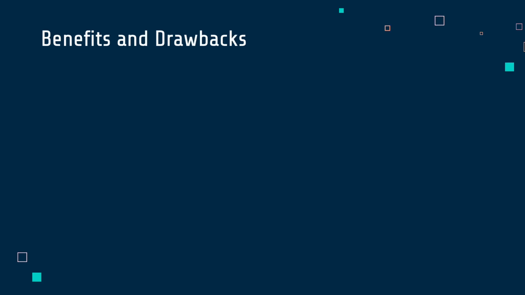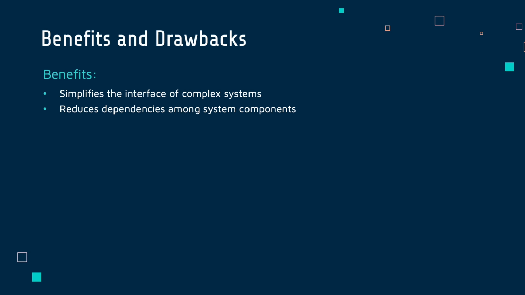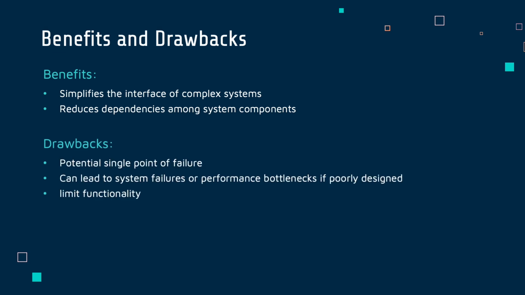While the facade pattern offers significant benefits, such as simplifying the interface of complex systems and reducing dependencies, it's not without drawbacks. One potential downside is that it can become a single point of failure. If the facade is poorly designed, it can lead to system failures or performance bottlenecks.